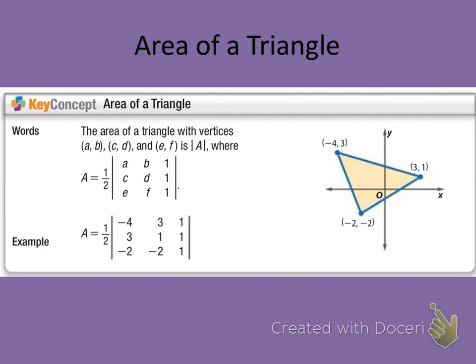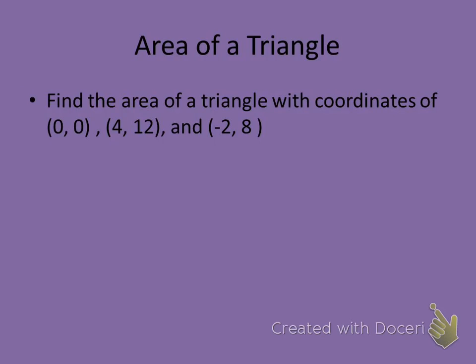Okay? Last one. Find the area of a triangle with coordinates of 0, 0, 4, 12, and -2, 8. So my suggestion for this is to set it up exactly like the definition had.